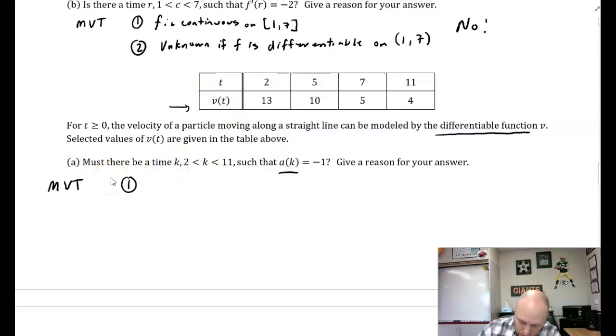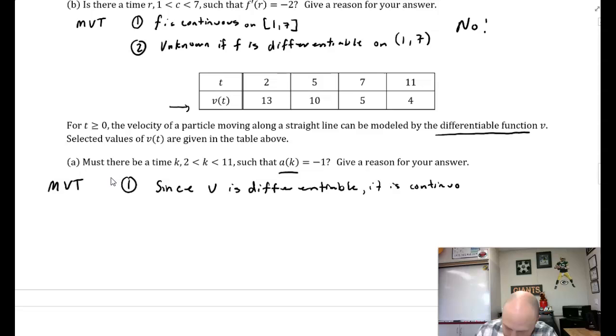So I'm going to go through my conditions. Number 1, is v continuous? Well, since v is differentiable, it is continuous. Number 2, v is differentiable.